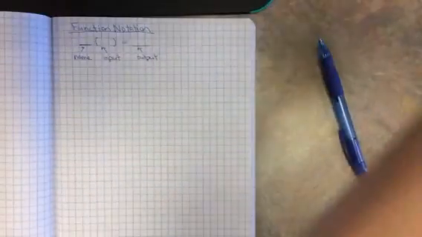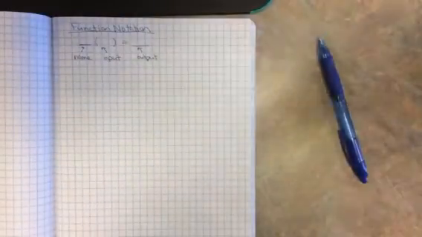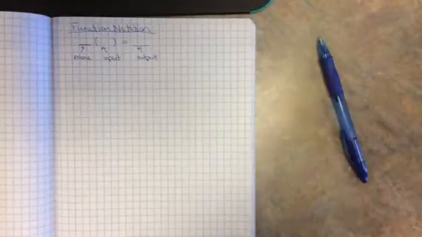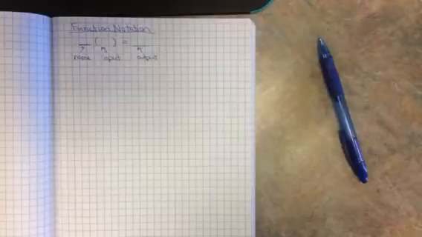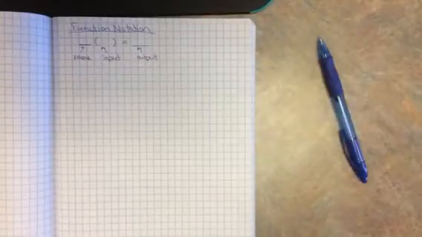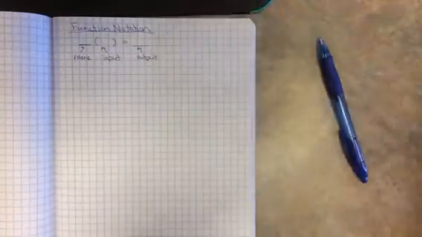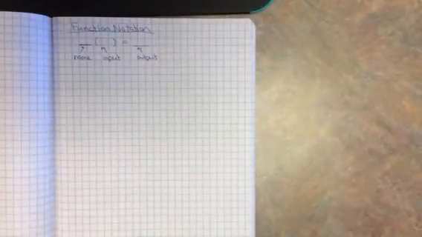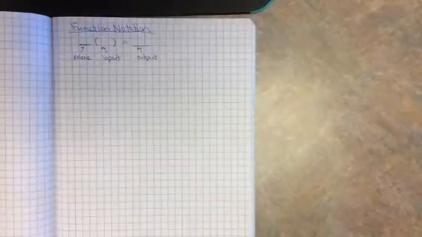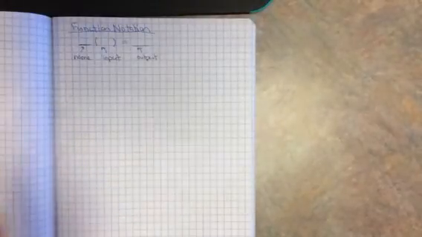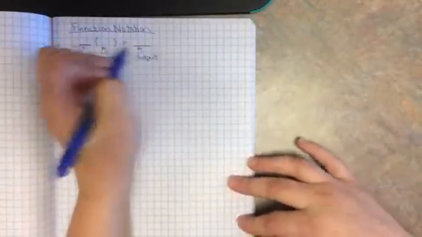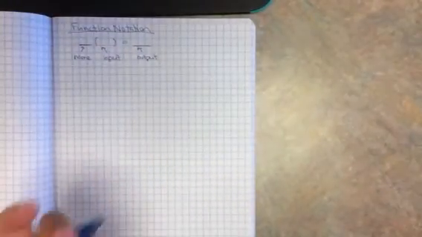You feed it something, it does something to it, and then it shoots out an answer. You can give it something else. It'll do that same thing to whatever you give it. So it's kind of a different way of organizing an equation with an input and an output.